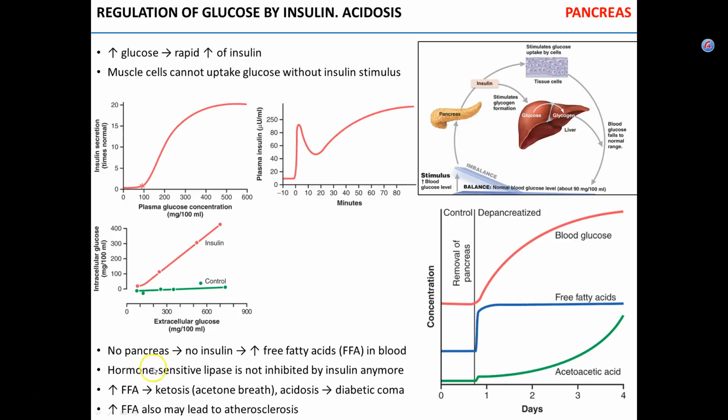So insulin, in fact, inhibits the lipase, the enzyme that breaks down fat. When insulin is gone, the enzyme is not inhibited anymore, and it starts to break down fat. Fat is broken down into two major components.